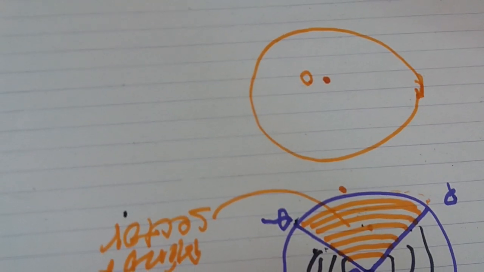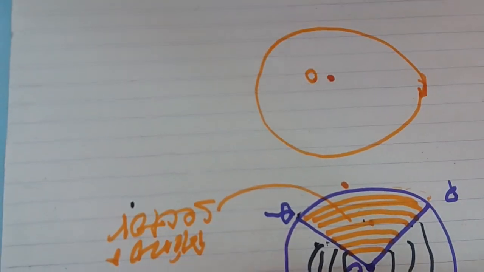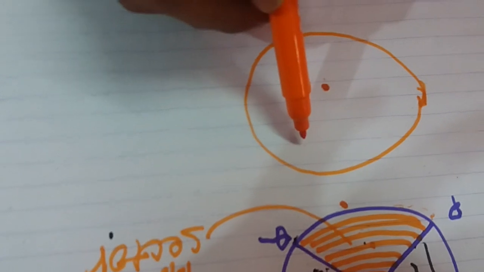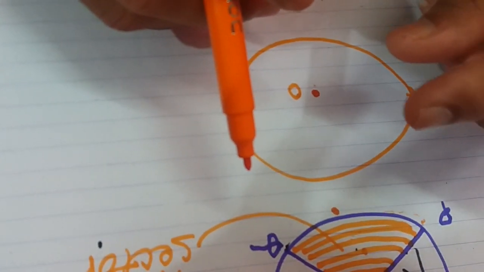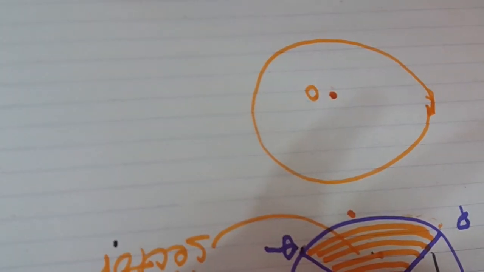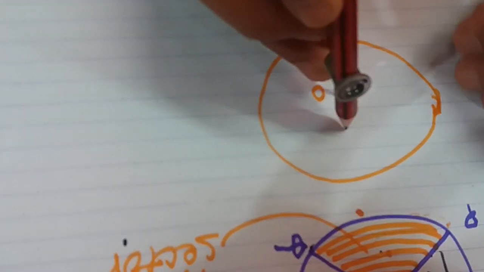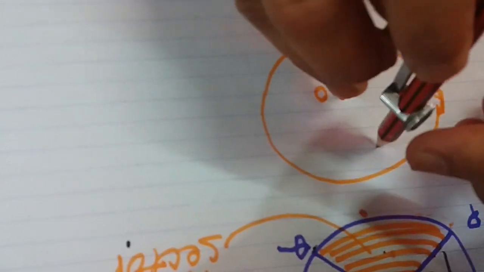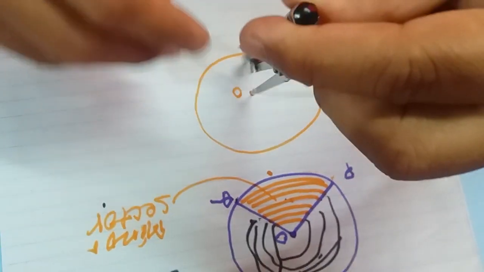O is the center. Another circle we draw taking O as the center, but with a smaller radius. Suppose from this center we take this much radius and we make a circle here.